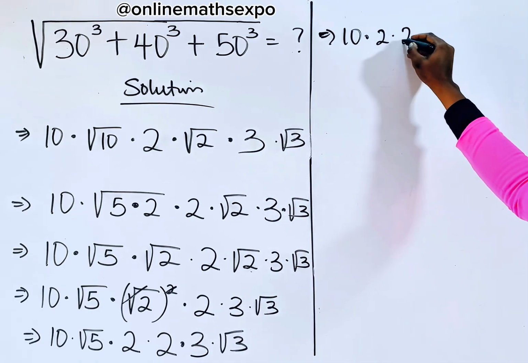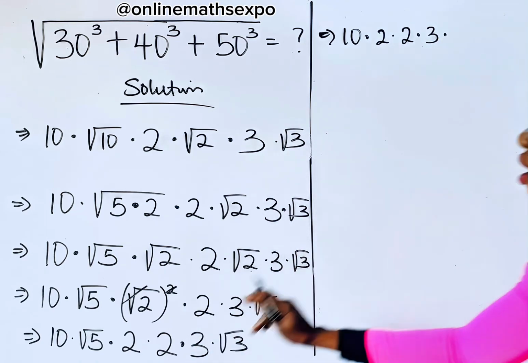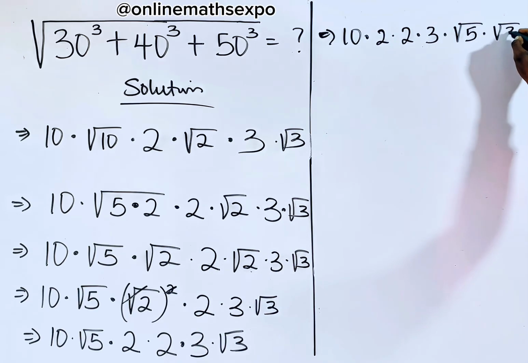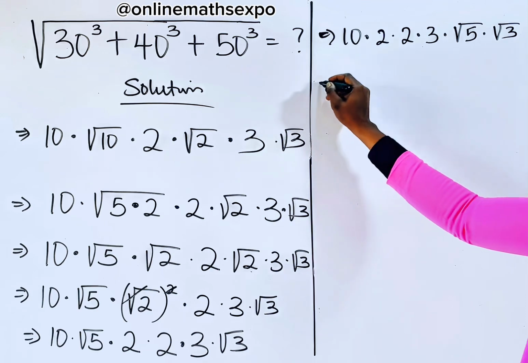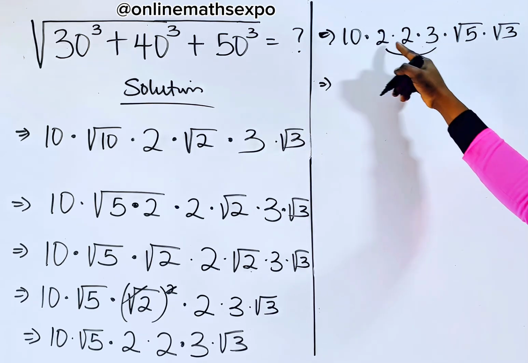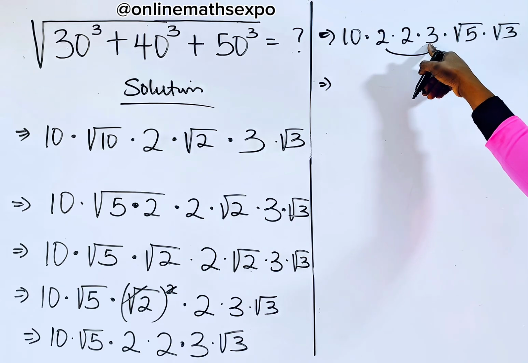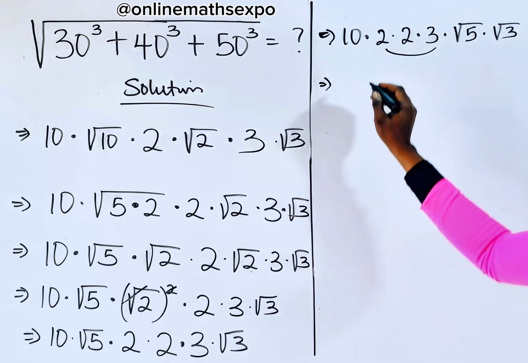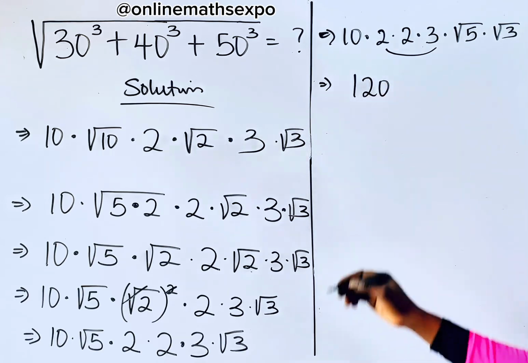Multiplied by this 2, multiplied by 3, then multiplied by root of 5, multiplied by root of 3. Interesting. So this is giving us, multiply this. Let's multiply this first. This will give us 4 times this will give us 12. Then 12 times 10 is just like adding 0 to 12. And that will give us 120.